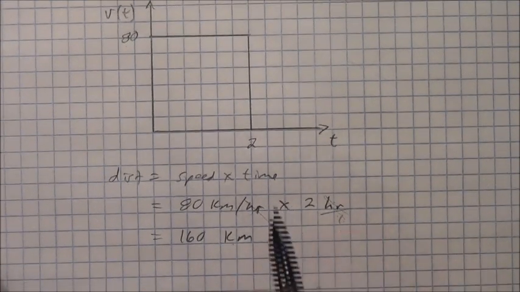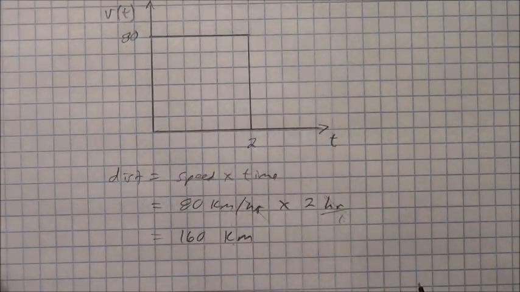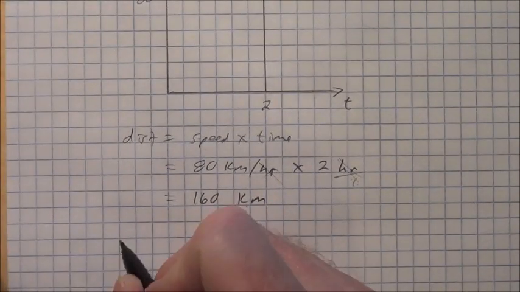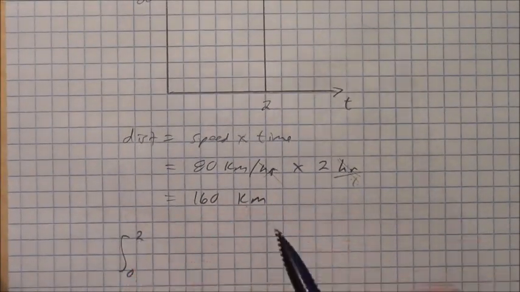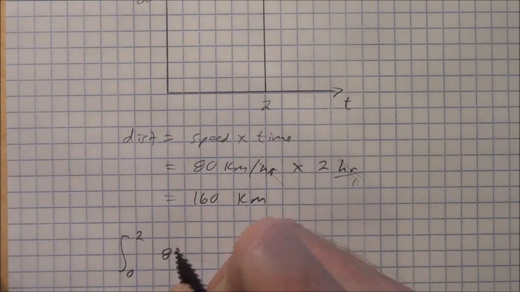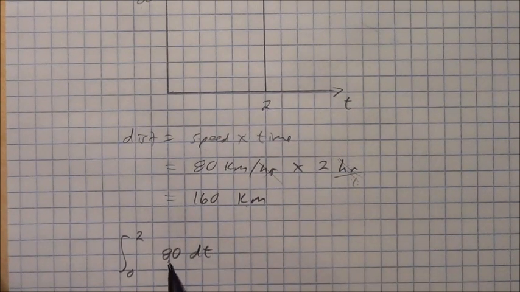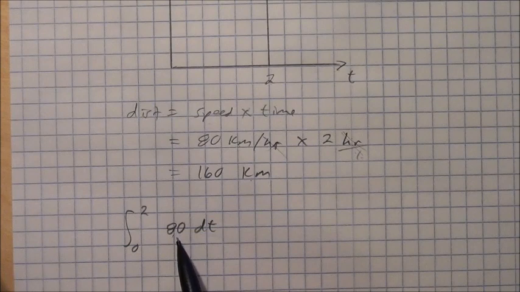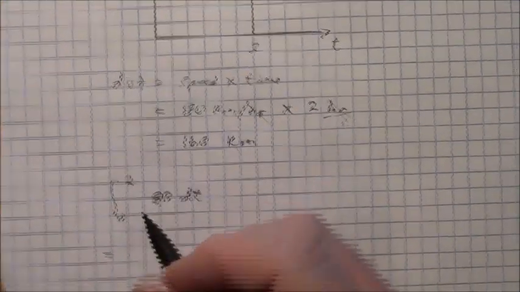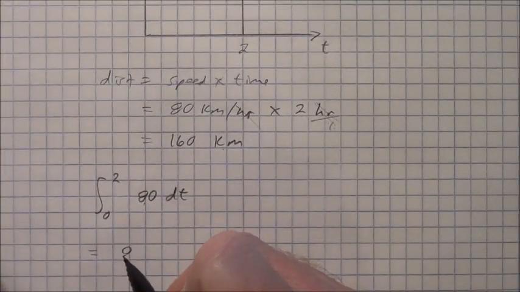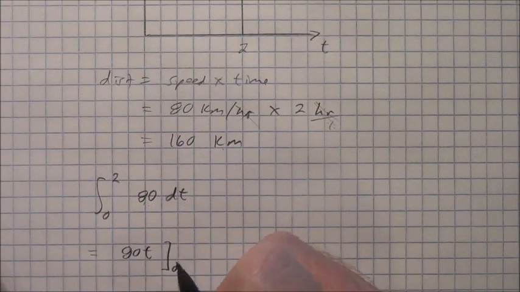We can also look at this. That was a geometric view. If we take the definite integral from 0 to 2 of 80 dt, so we're integrating the speed, this is going to give us 80t evaluated from 0 to 2.